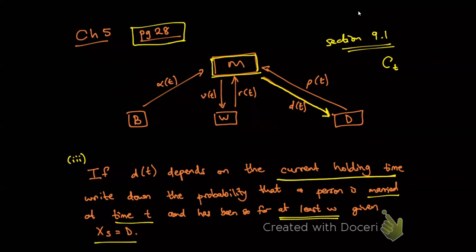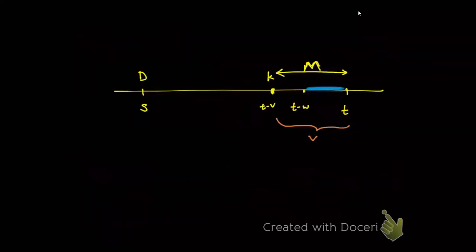So by the time K comes around, we could be in the divorce state. So K could be the divorce state, and anything could have happened in between, but we could have landed up in the divorce state and then got married.